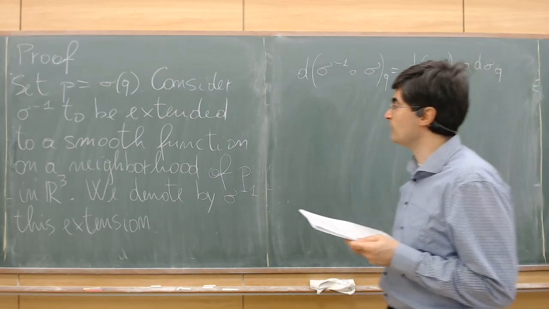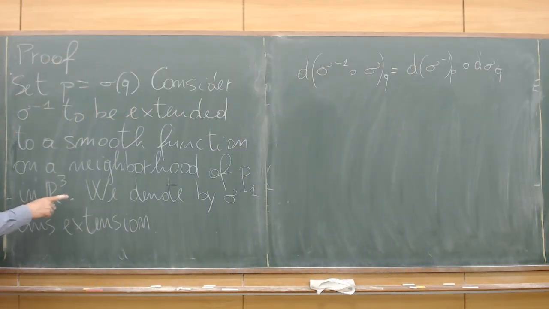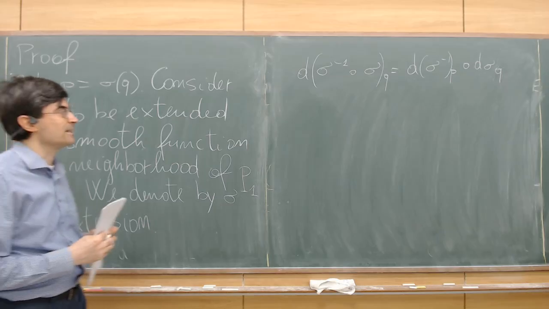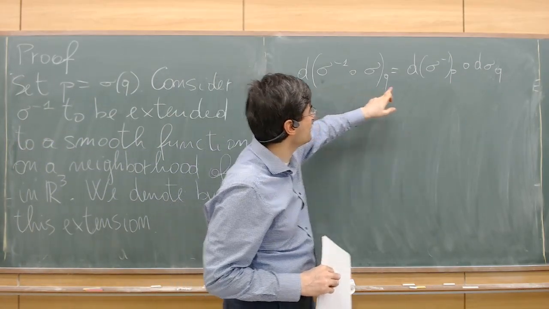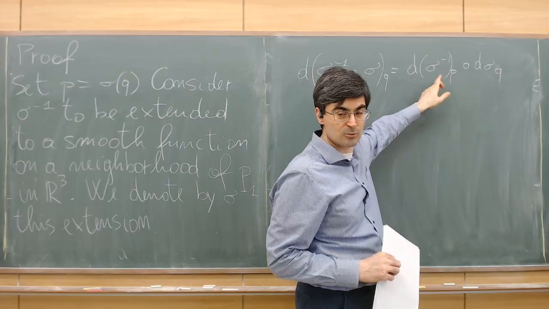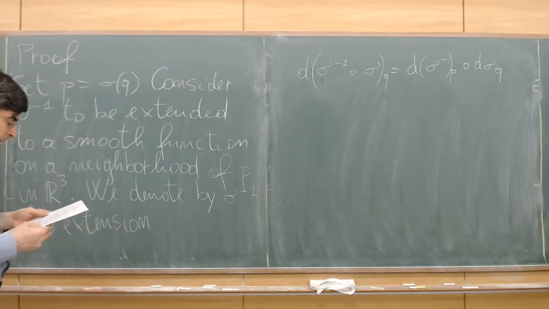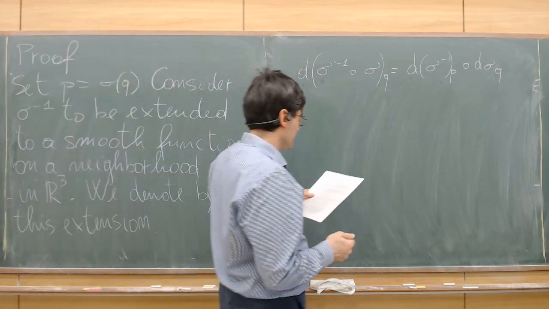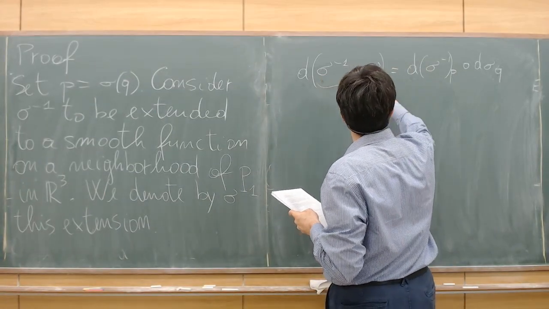The reason why we need to extend the function this way is that in order to be sure that this derivative makes sense, we need to work on an open set. Okay, this map here is clearly the identity.